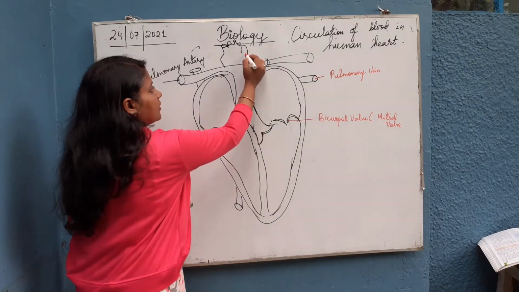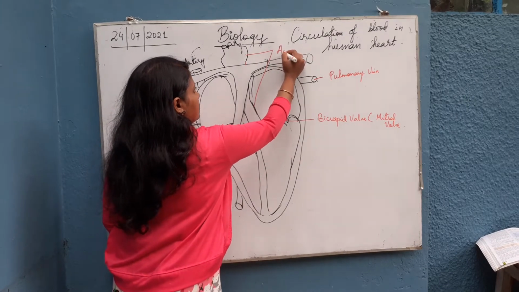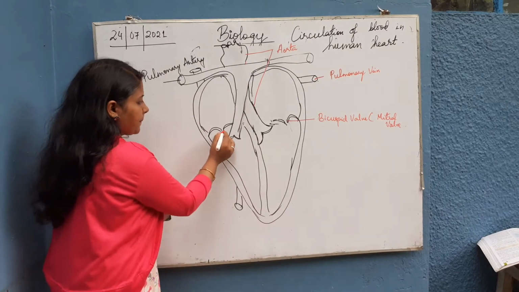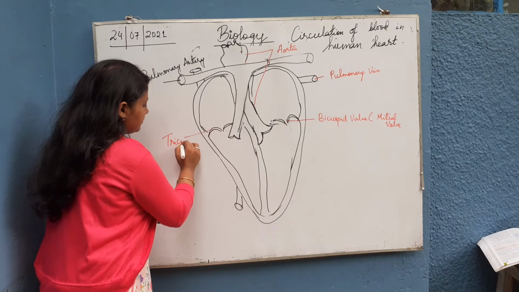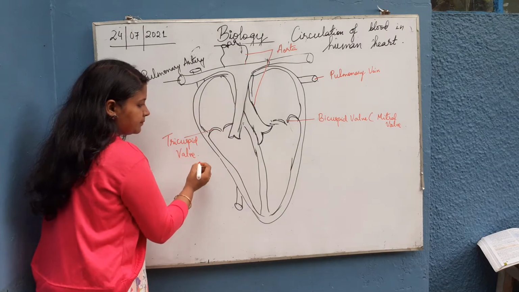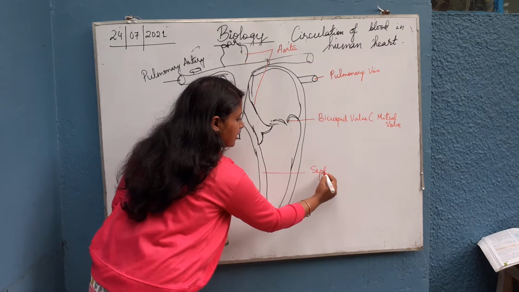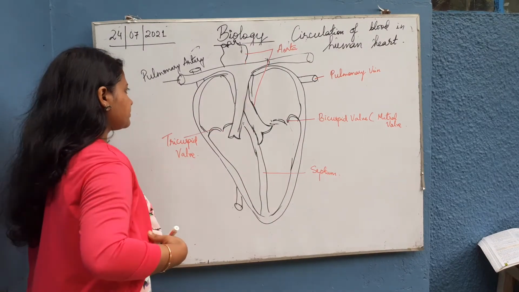And this one, the main artery, is called the aorta. And this is the tricuspid valve. And this you already know, the partition between the atria and the ventricles, that is the septum.